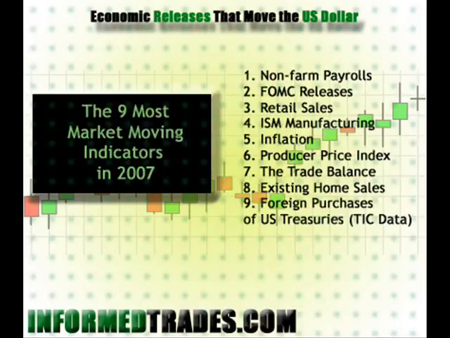For your reference, according to dailyfx.com, the most market-moving indicators for 2007 in order of importance were non-farm payrolls, followed by FOMC releases, followed by retail sales, followed by ISM manufacturing, followed by inflation, followed by the producer price index, followed by the trade balance, followed by existing home sales, and finally foreign purchases of U.S. treasuries, otherwise known as TIC data.